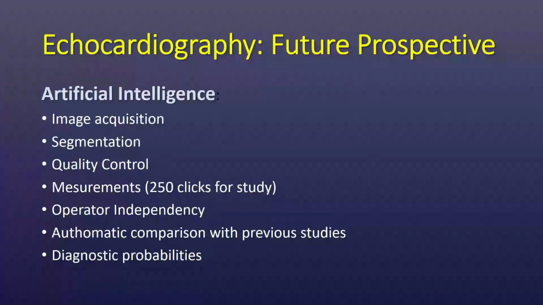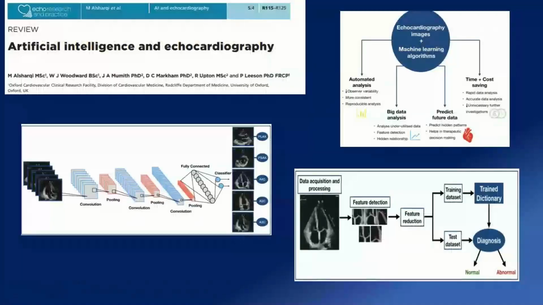diagnostic probabilities. In this review, it's been suggested how artificial intelligence can help echocardiography. We only use very few data, but for a computer, the 2D grayscale image is a number of pixels, and each pixel is a number. So they can recognize patterns and try to reach a diagnosis following these patterns.